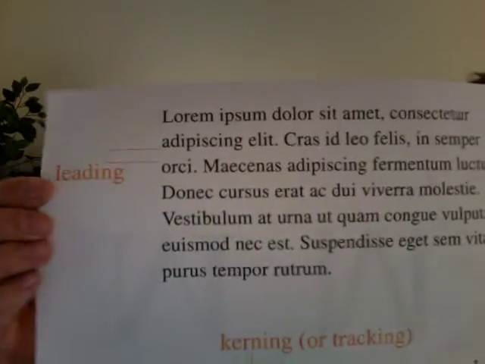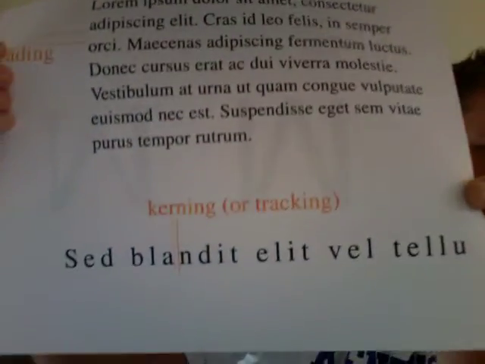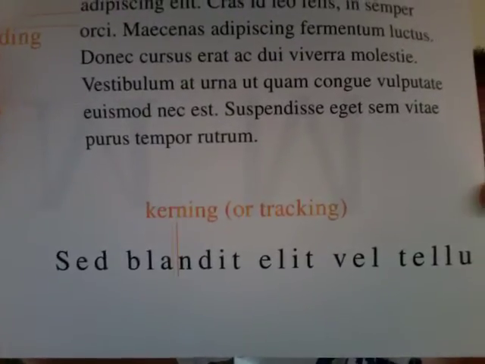But whenever you start talking about headlines and larger type, you really want to pay attention to the kerning in between these letters, so there's not a big space between two letters and two others closer together. You want to create that rhythm throughout, whether it's in a paragraph or in a headline. I did a little printout so you could see. Leading, obviously, is the space in between these lines of type, and kerning is the actual space in between each individual letter. So that's that.